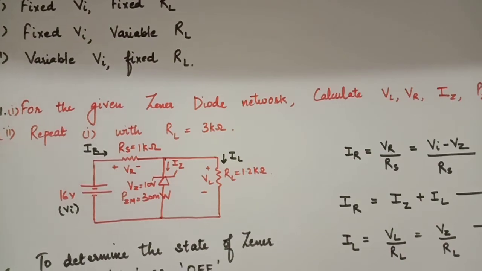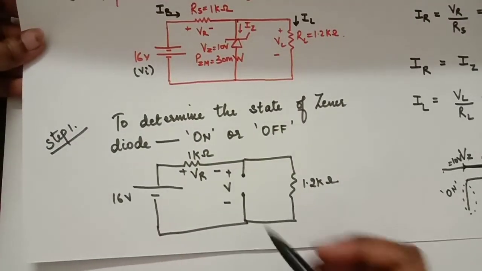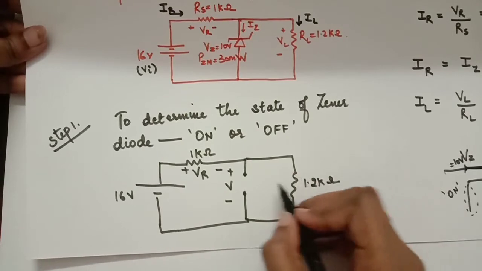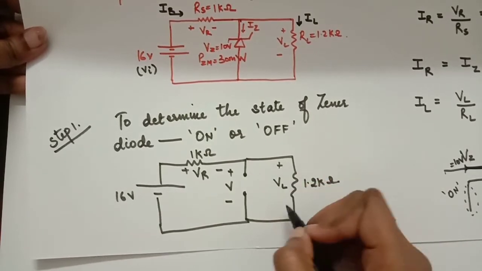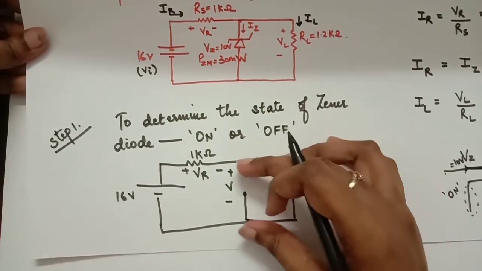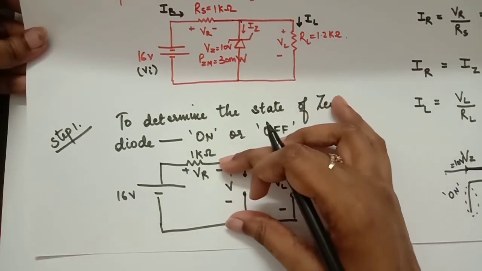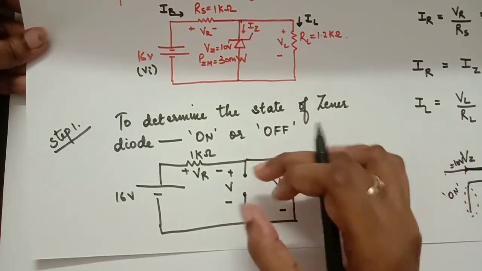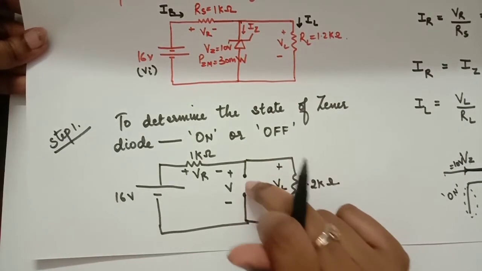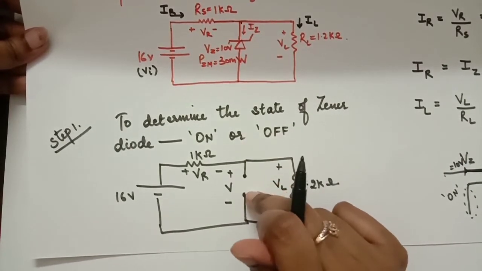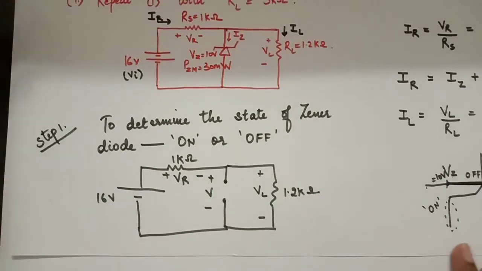What is VL equal to? It's the simplest part. Just look at this diagram. VL is the voltage across this particular resistance, and by virtue of the fact that voltages in parallel remain constant, whatever V you have calculated will be VL as long as this diode is off. Let's look into that in the second part.